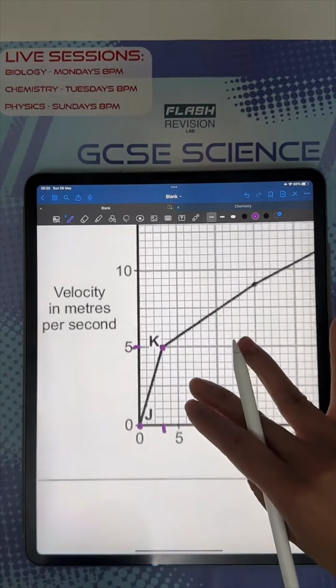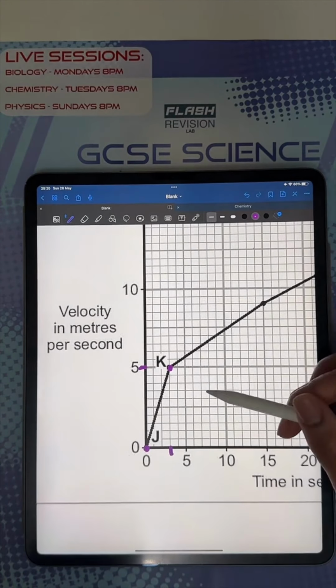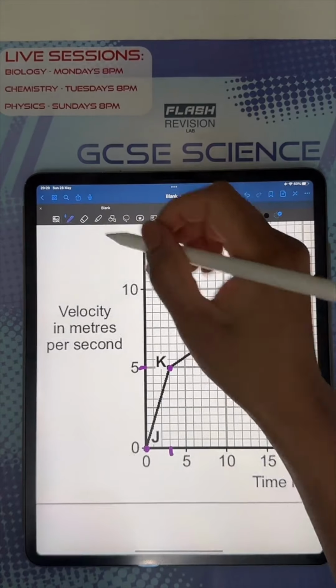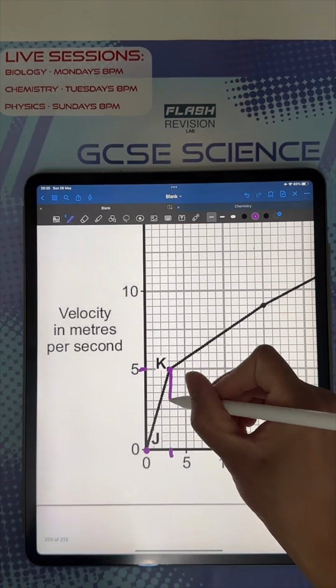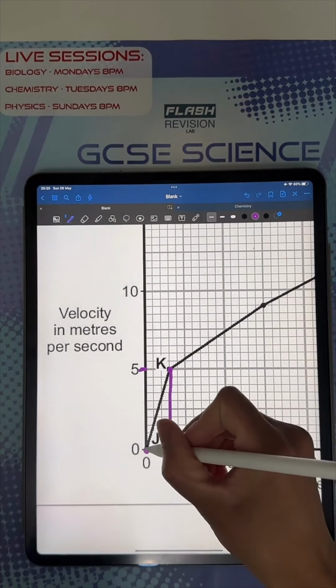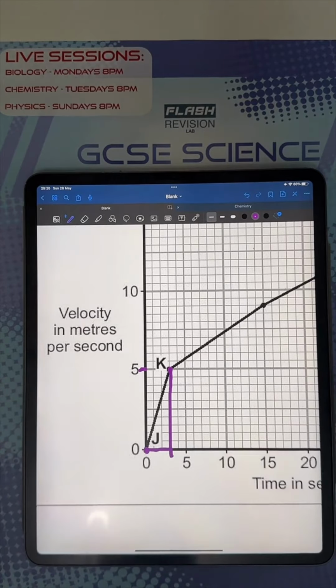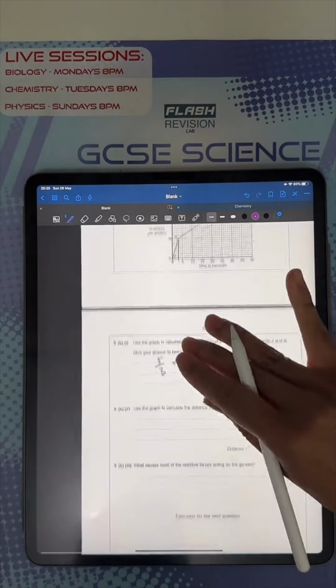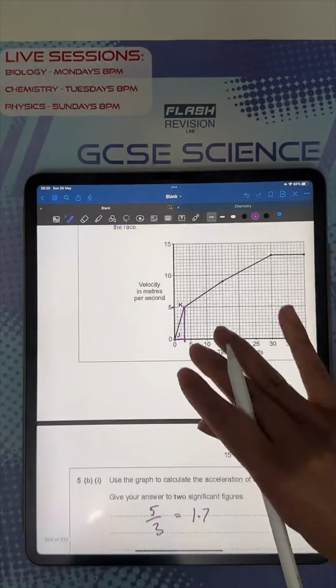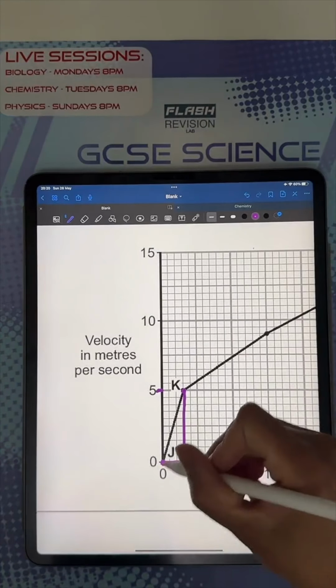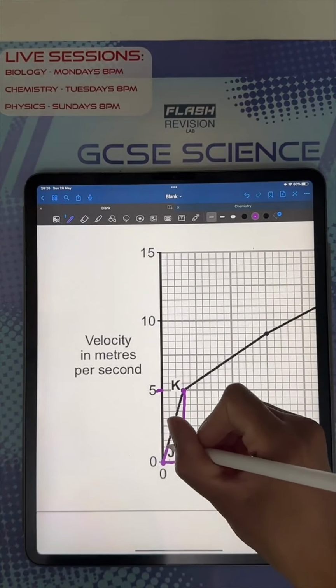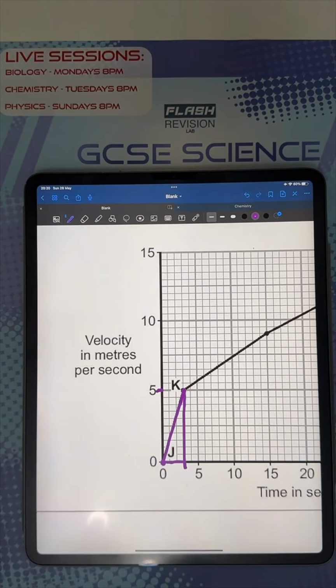Yep, good. So here, look at that triangle. Points J and K, wasn't it? So that makes a triangle. You can work out the area of this triangle.